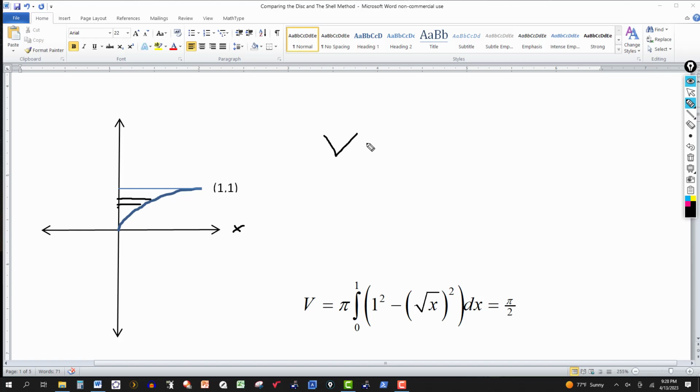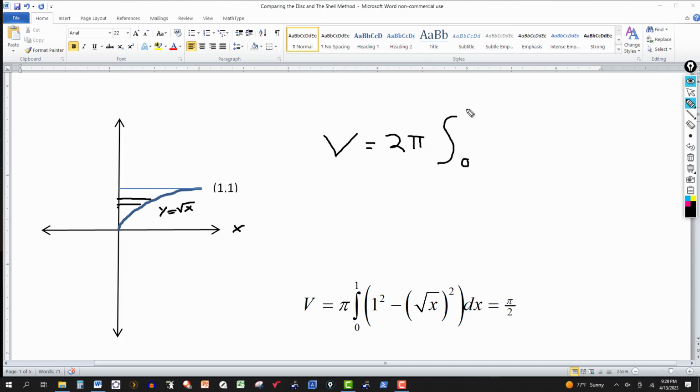My volume then is going to equal, and for a shell, instead of pi, it's 2 pi. We start with the integral going along the y-axis, from this point to this point. The line y equals 1 and the function y equals the square root of x intersect at (1, 1). So my limits of integration are going to go from 0 to 1.